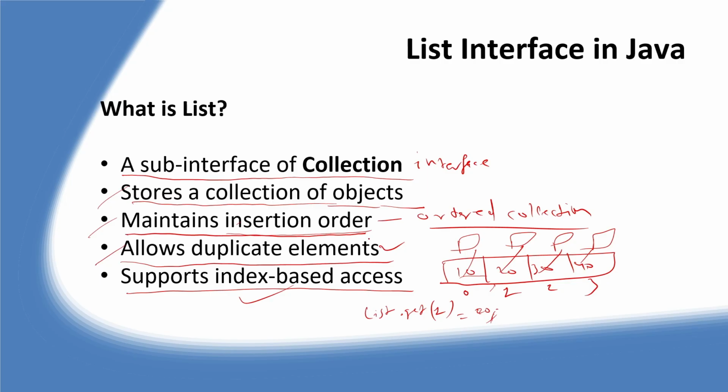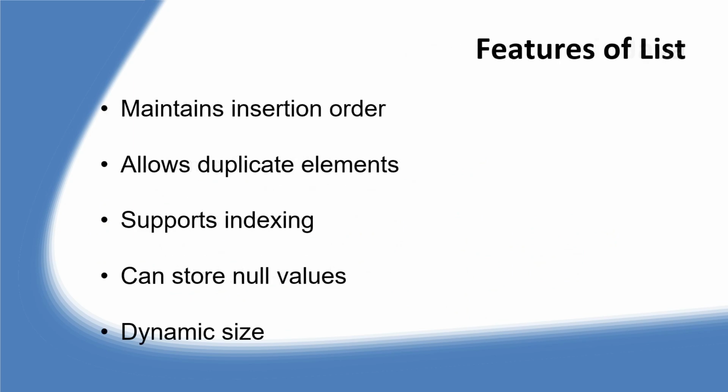Let's see some of the features of the list. It maintains insertion order. So let's say if I insert in order 10, then 20, then 30, in the list also it will maintain the same order. First element inserted will be 10, then 20, then 30.